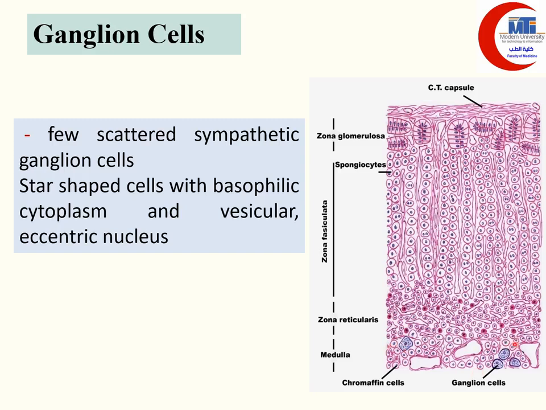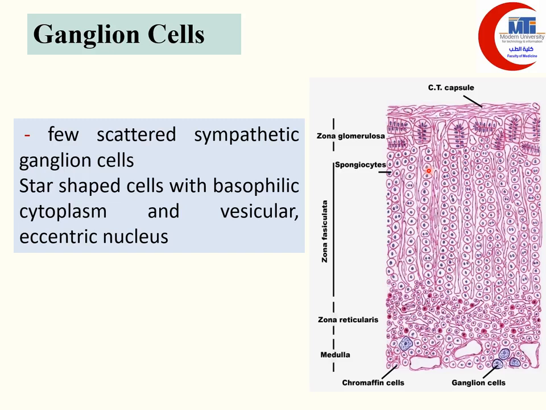So the adrenal medulla is formed of two types of cells. Chromaffin cells are the main type of cells, and ganglion cells are few cells scattered between the chromaffin cells. This diagram illustrates the structure of the suprarenal or adrenal gland.